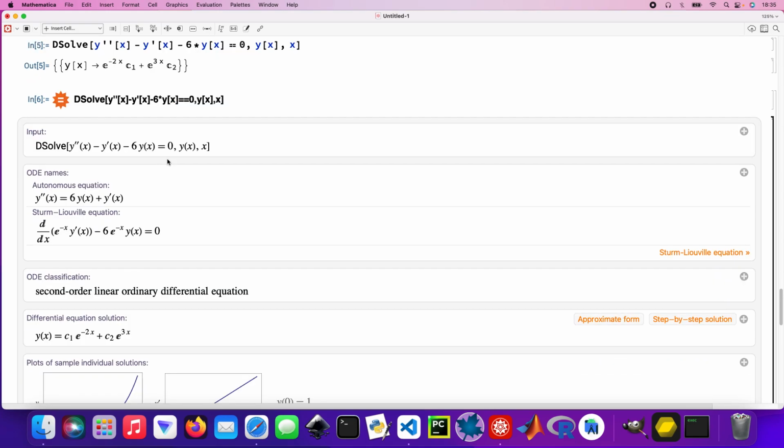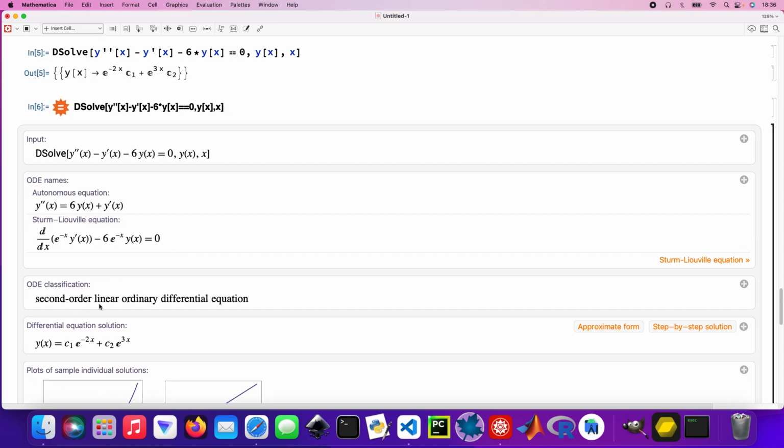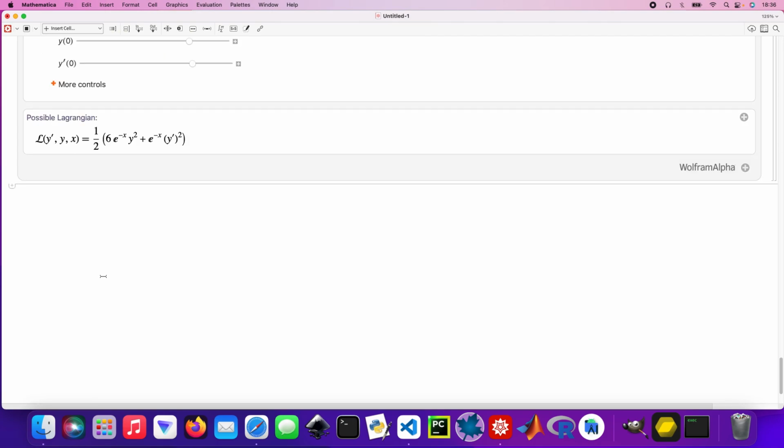So yeah, second order differential equation. Okay, and then I'll just do one last one, so you get the idea of what's going on.